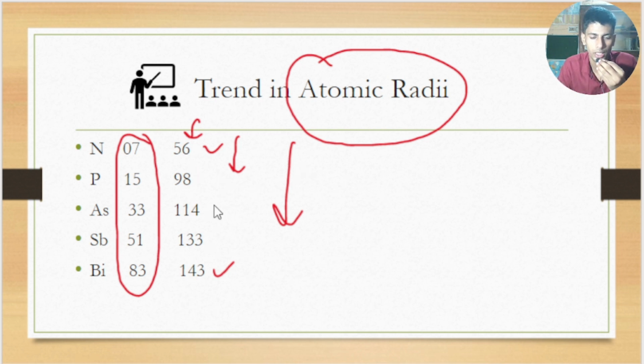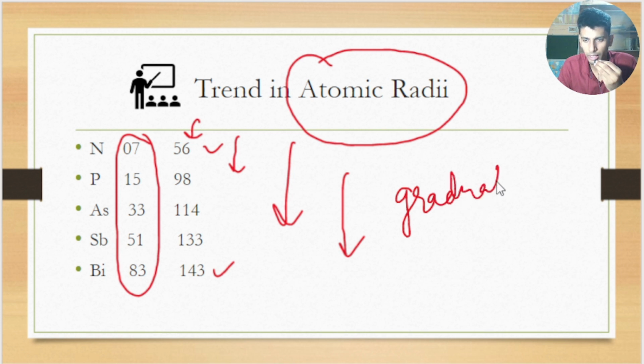You can see that between antimony and bismuth the difference in atomic number is 32, but the increase in size is only 10. And in the case of nitrogen and phosphorus, the difference in atomic number is only 8, but the increase is almost 40. So when we move down the group, the increase becomes gradual.